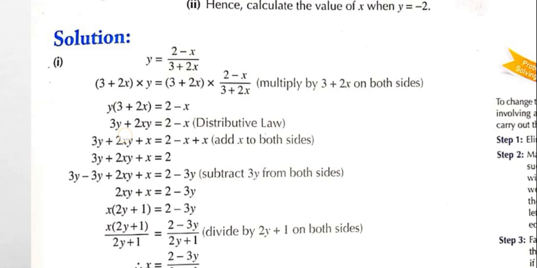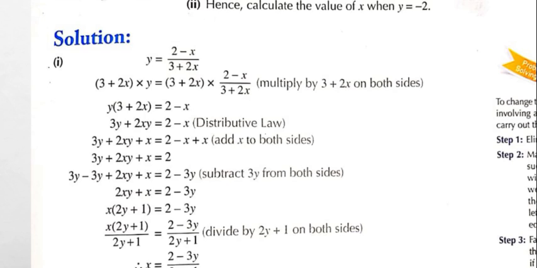So I will have 2xy plus x on the left side, and the 2 and the 3y I don't want. I want to just dump it to the right side. So I will have 2 minus 3y on the right side. So in the end I will have this, from this to this.